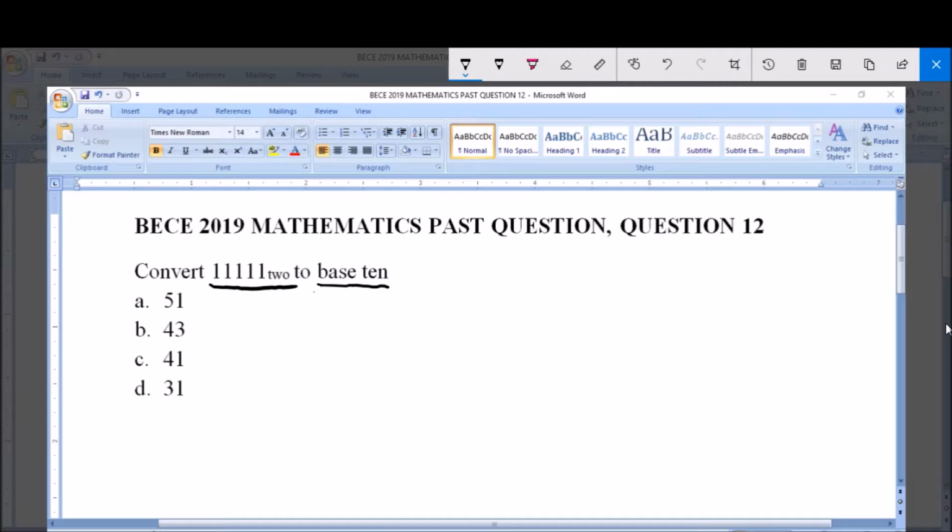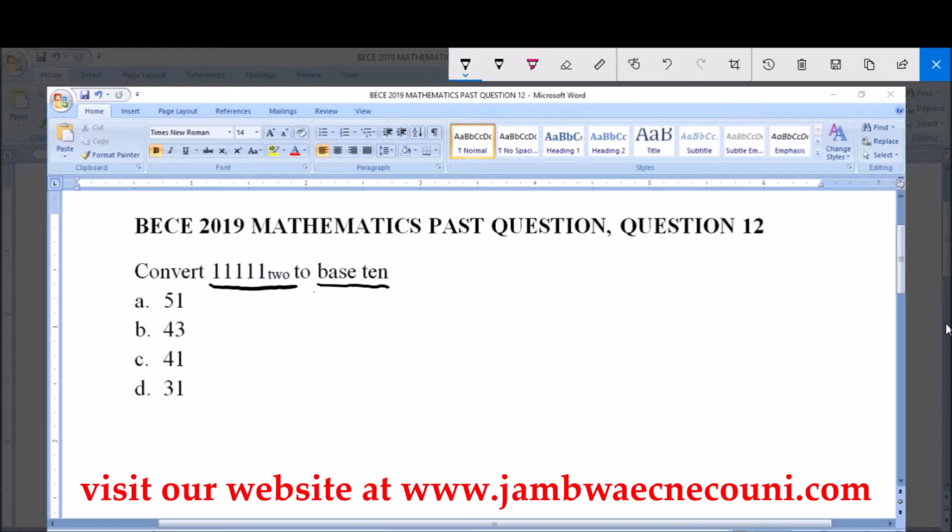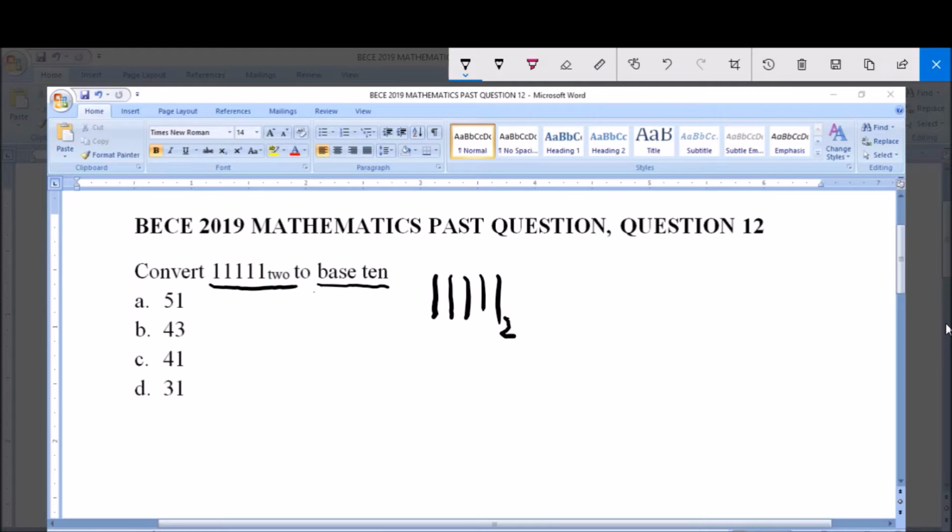This is simple. What you do is pick out these numbers, which is 1 1 1 1 1, and this number is in base 2. Now you give each of these numbers a power starting from 0 from the right.